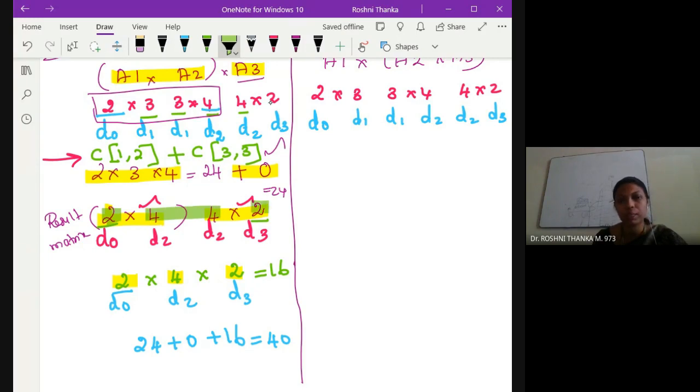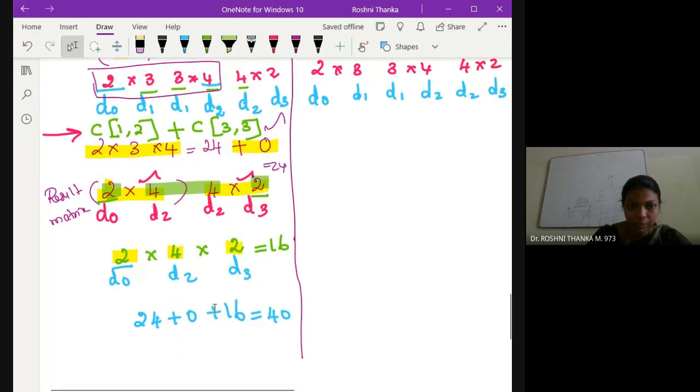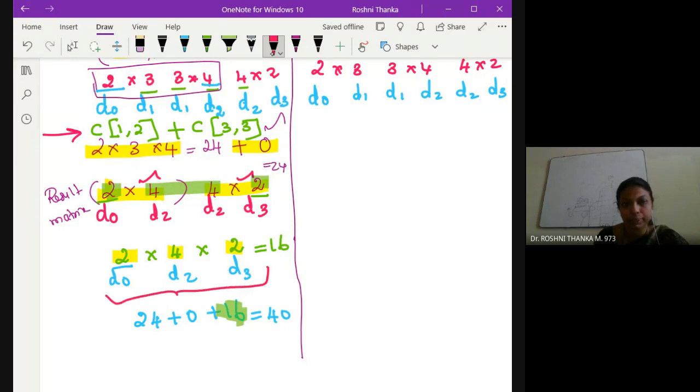So this is the cost, denoted by D0, D2, D3. When I find the total cost, it is the cost of multiplying A1 and A2, plus the cost of multiplying 3, 3, plus 16. How did we get 16? We got 16 by multiplying these 3 things, right?